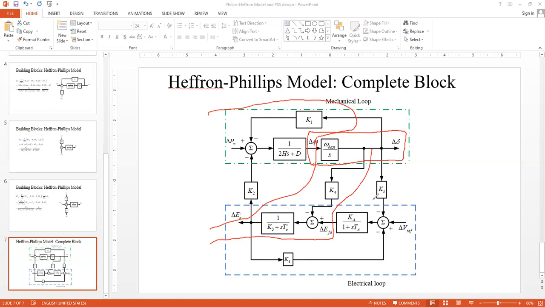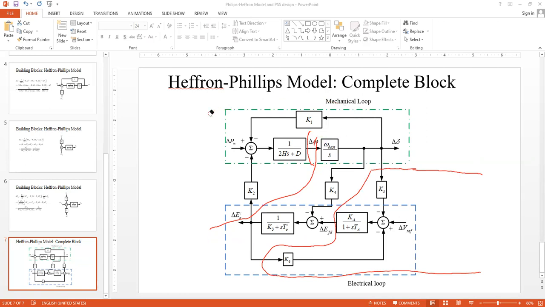And the fourth block is the remaining one: K5 del delta as the minus, K6 del EQ dash as the minus, del VDEF as the input. So these are the four blocks separately identified, and after combining, you get the complete block.